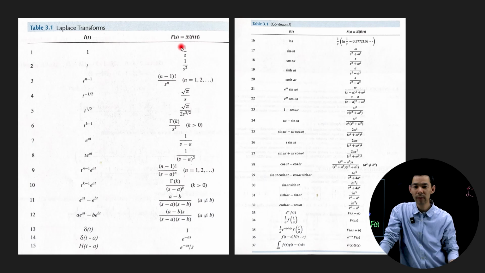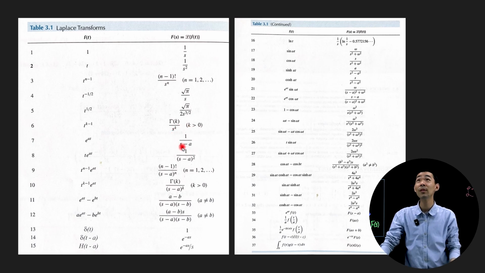So probably not these guys, because these are both s and s squared. You keep going down, square roots, probably nothing to do with it. The gamma function, probably not. So this comes close. 1 over s minus a comes sort of close, because we can set a equal to -8.